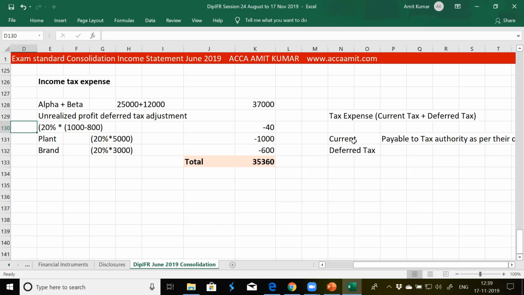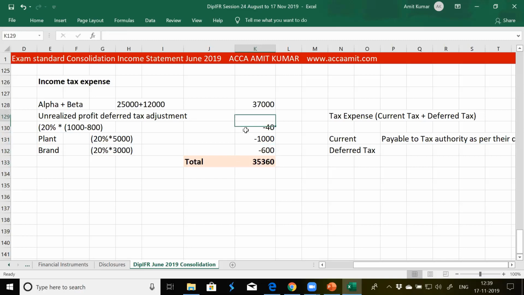When you calculate lesser tax, you will show that lesser tax as your expense. See, this is your calculation. According to me, tax expense should be reduced by this amount, by 1,000, by 600. According to me, the tax expense should be 35,360 only. This is my accounting principle. What they demand is a separate story.